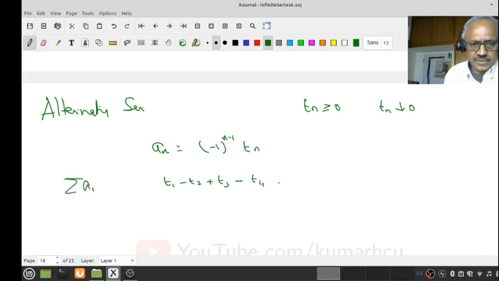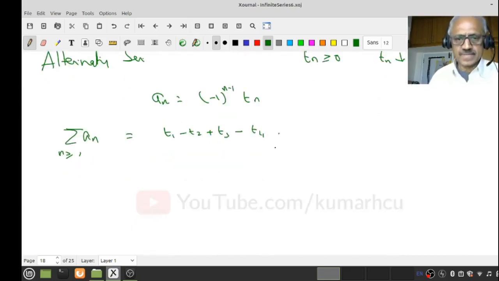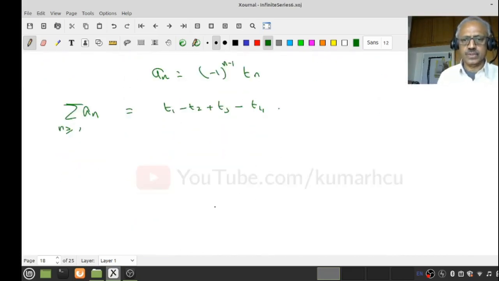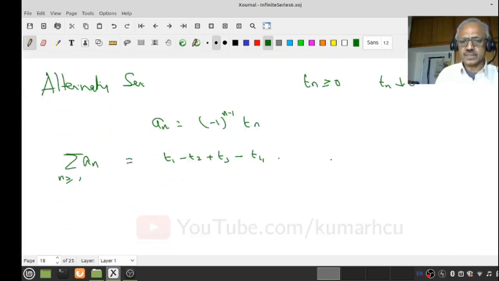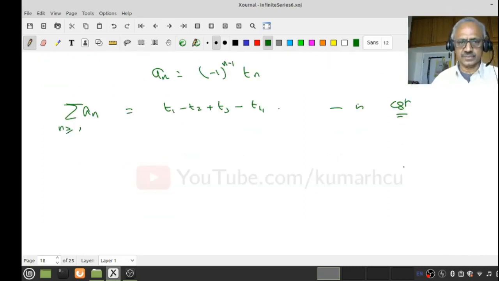So I have the infinite series An, and I want to say this series is convergent. What is the assumption? The Tn's are non-negative and Tn decreases to 0. From Tn I form the alternating series T1 - T2 + T3 - T4 and so on. That infinite series is convergent. This is called an alternating series.